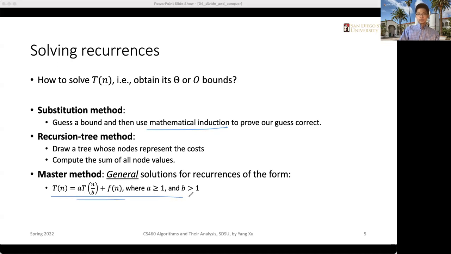Okay, right. So right now we don't need to understand why this is the case, but we will have a comprehensive introduction about the method, and we will see that it's quite related to how the recursion tree method is used. Okay, so as long as we have any recurrence that looks like this form, we know the constant a, we know the size of the smaller subproblem, and we know the function associated with combining and dividing, then we can immediately tell the solution of the problem.